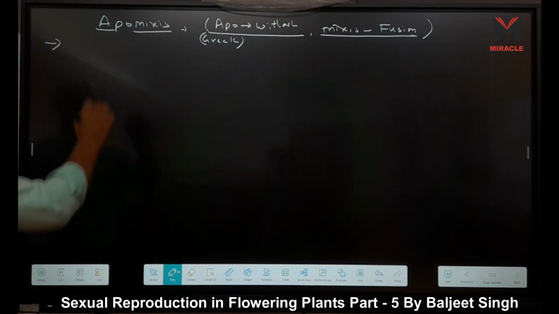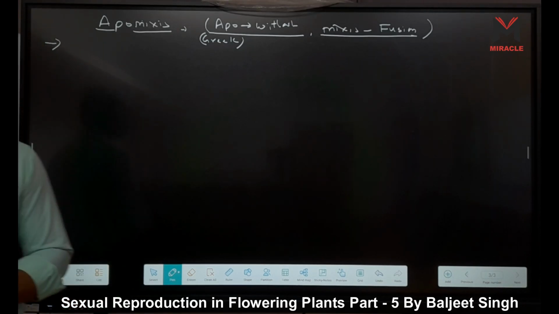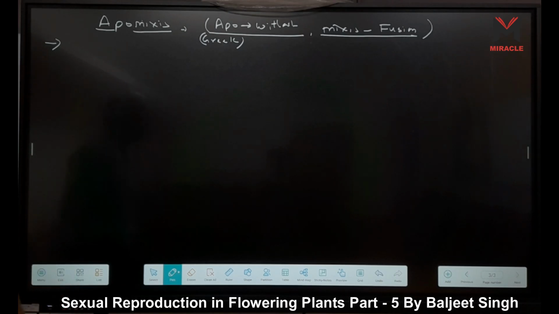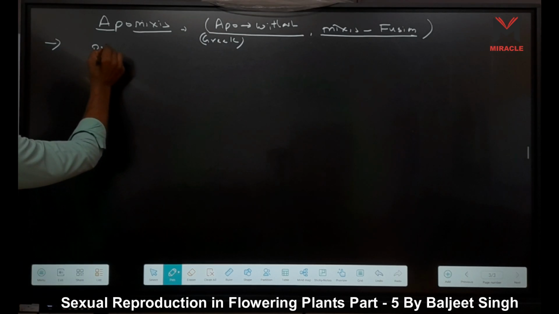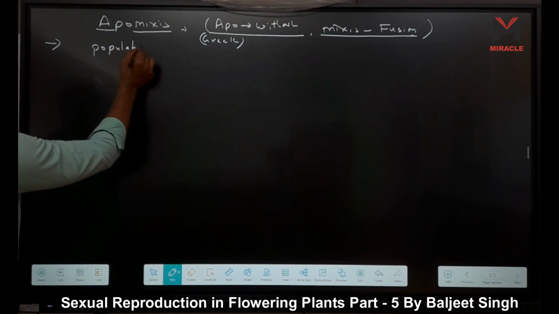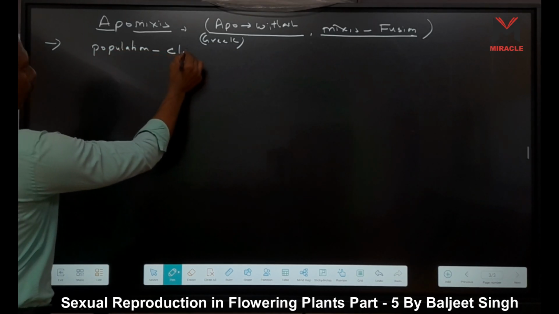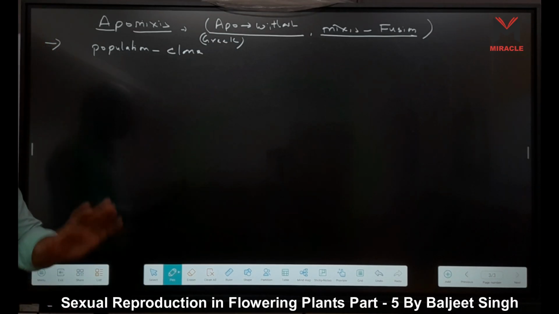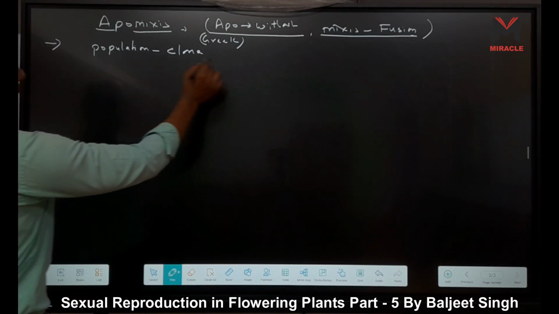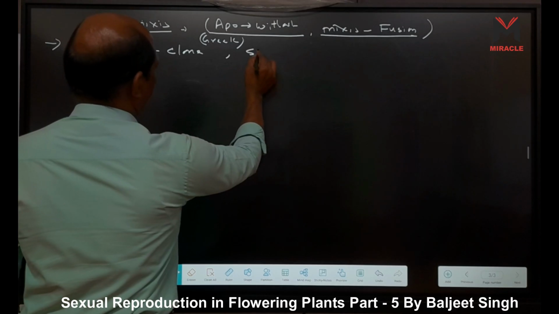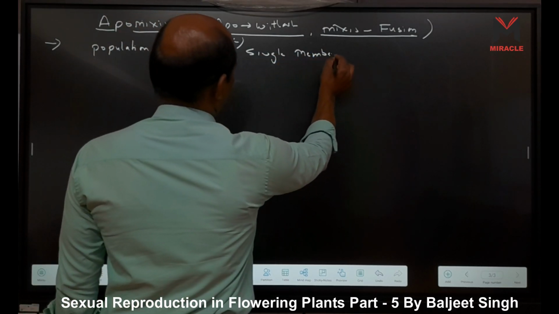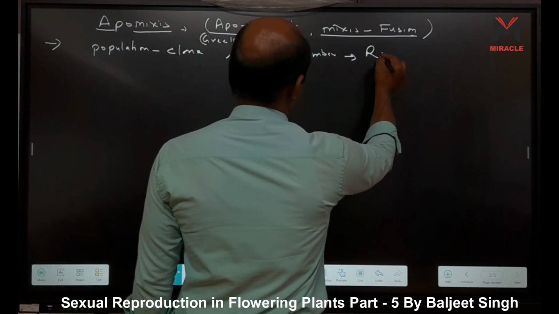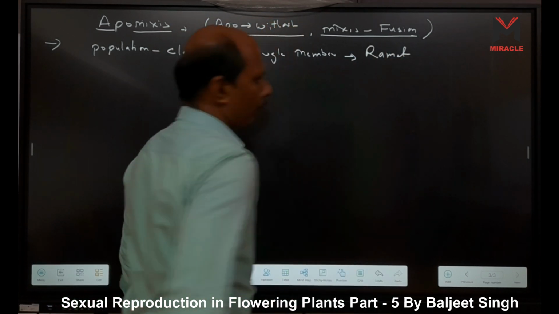Here are some different terms I am going to tell you about, right, about how polyembryony is formed. First, the population is called a clone, because they are identical to the mother plant, and a single individual member is called a ramet.